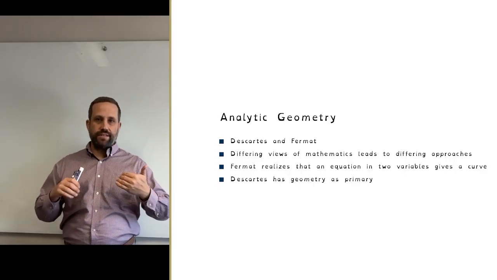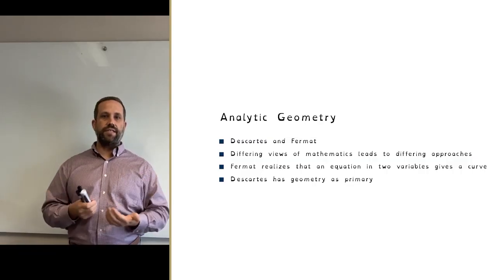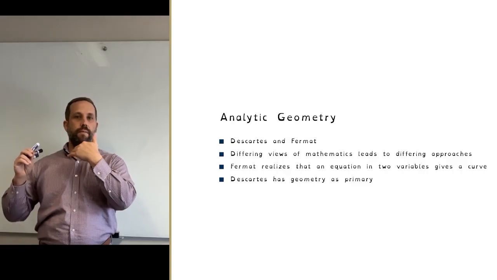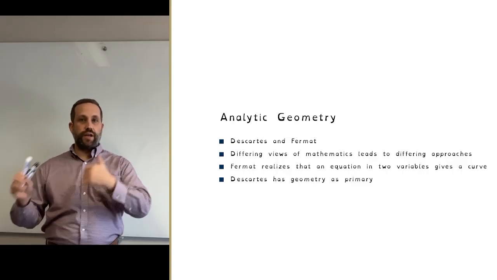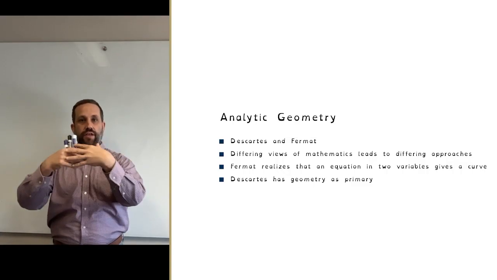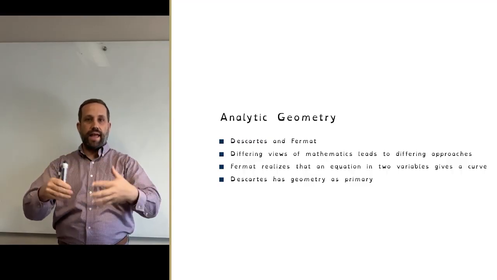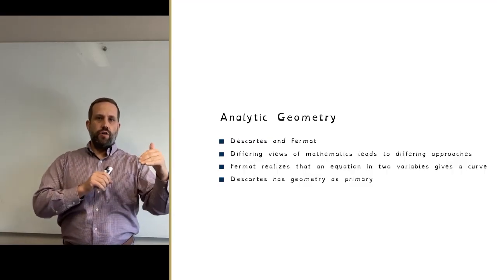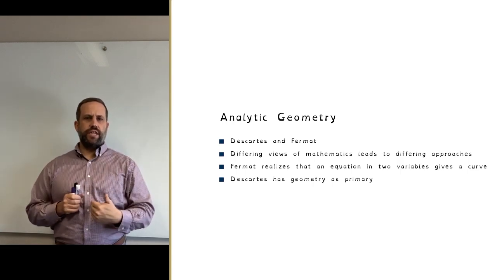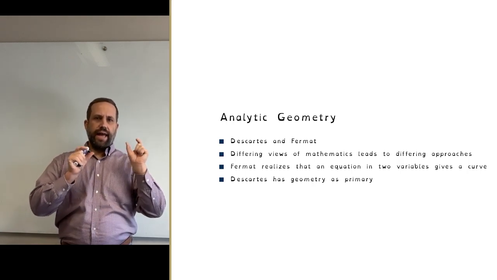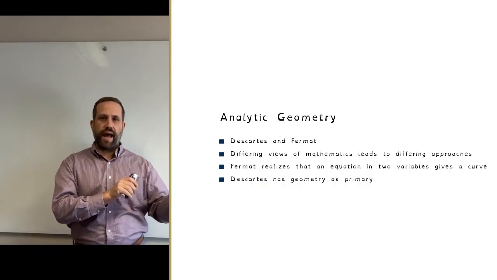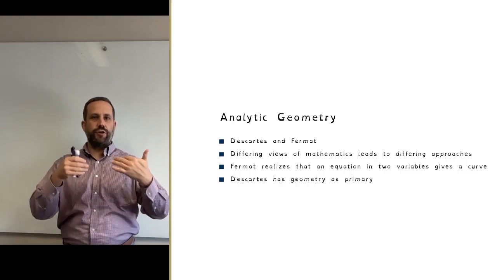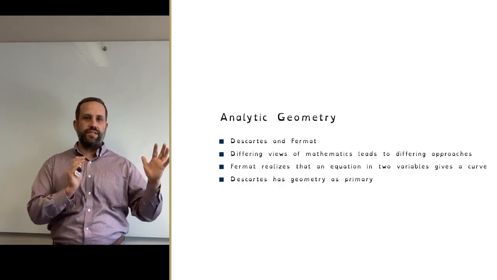Now, I don't want to get into too much about the precise definition, but the basic idea is that we are going to move from purely geometry and purely algebraic things to combining these two together into what's called analytic geometry. The reason we call this analytic geometry is due to the Greek method of analysis. In a certain sense, calling this algebraic geometry would also be appropriate, but that means something different now.